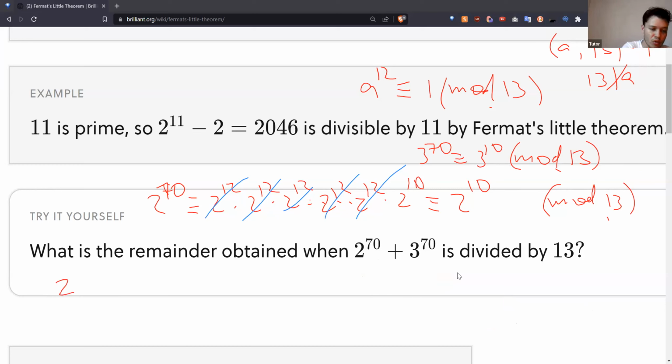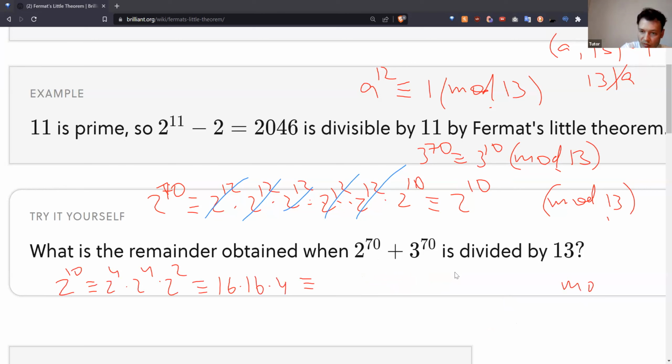2 to the 10 is congruent with 2 to the 4 times 2 to the 4 times 2 to the 2. It's congruent with 16 times 16 times 4 mod 13.